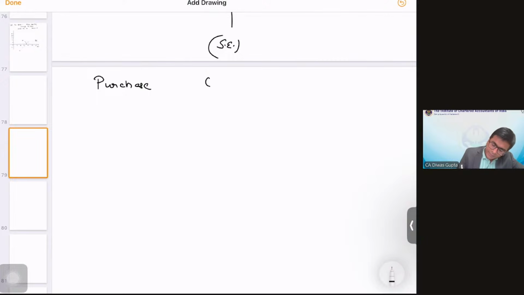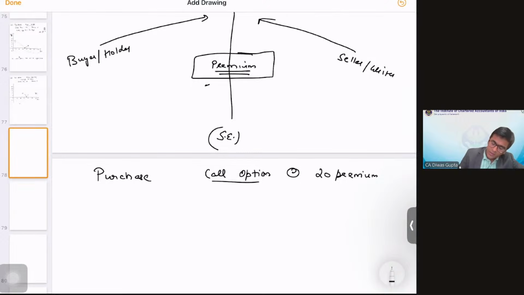If we purchase a call option at the rate of 20 rupees premium, this is one of the statements. So what price are you buying the call option at? At 20 rupees premium. But students, please do remember, whatever premium is being quoted on the stock exchange will specify whether it is a call option or a put option, what the strike price is, what the underlying is, and what the expiry is.